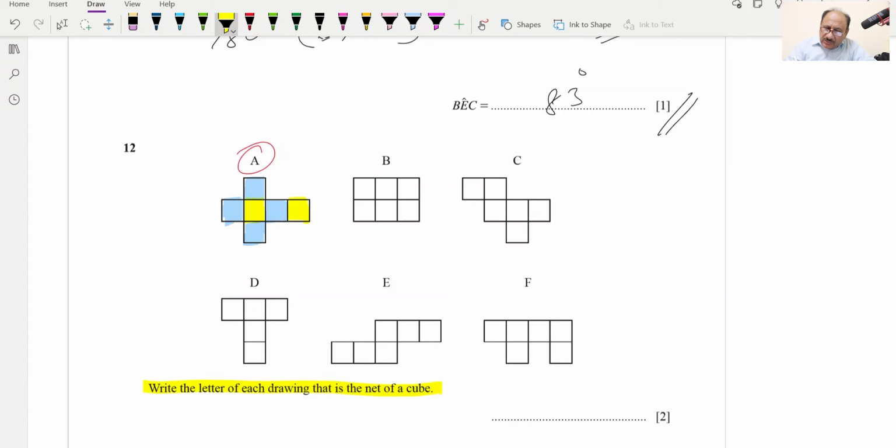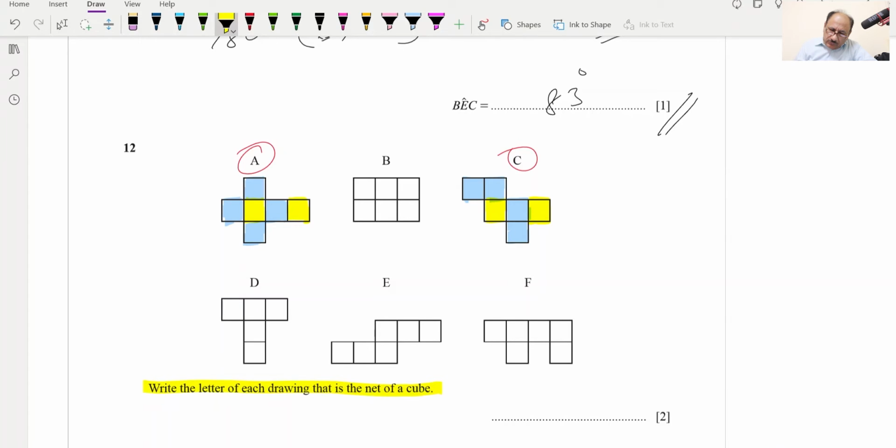Similarly, we can check for C also, which is basically base and top and sides. So this will be base, and after folding this will be top, and these are the sides. This will be side and this will also be side, and these two will be sides, and this is also making a cube. So we can circle this, see. Next we can check for this one.